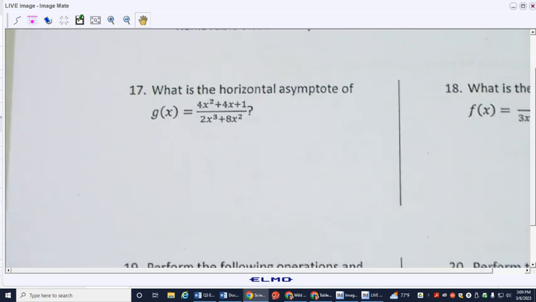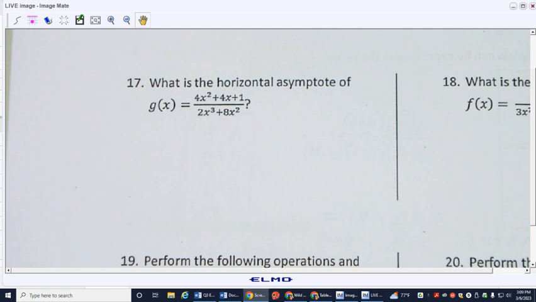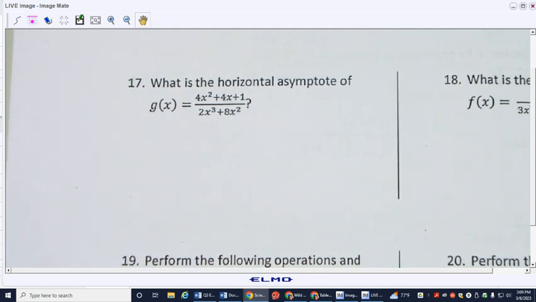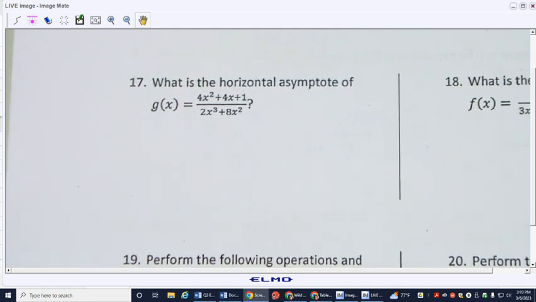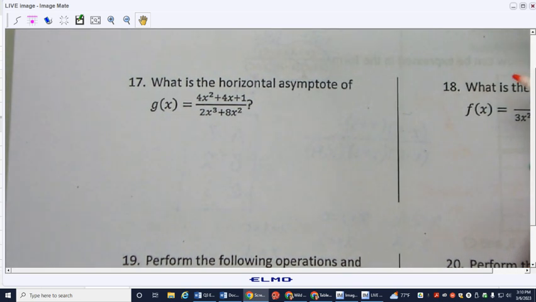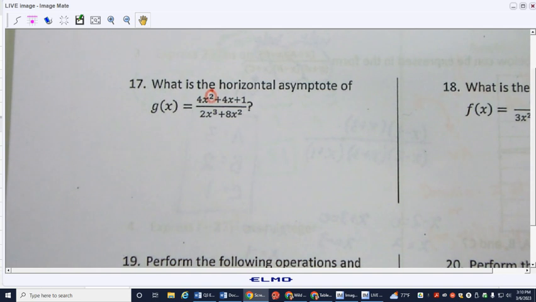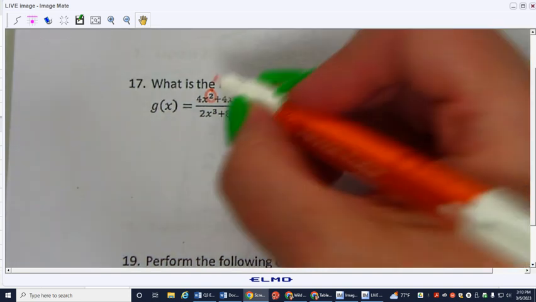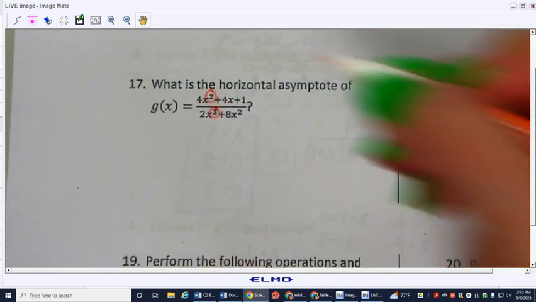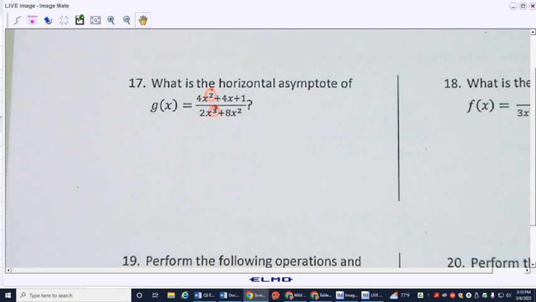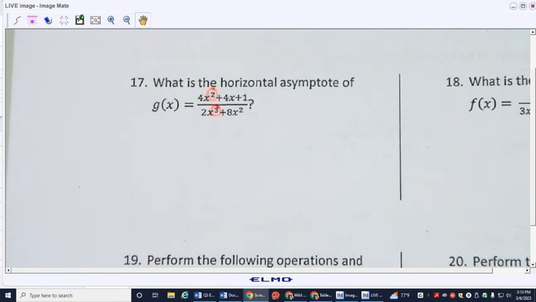Okay, 17. What is the horizontal asymptote of this function? So I'm going to look at my degrees. What's the degree on the numerator? Squared, or 2. What's the degree in the denominator? 3, or cubed. Bottom heavy.